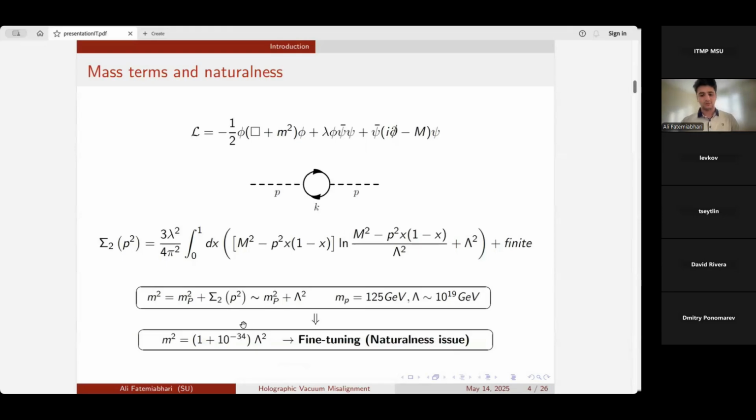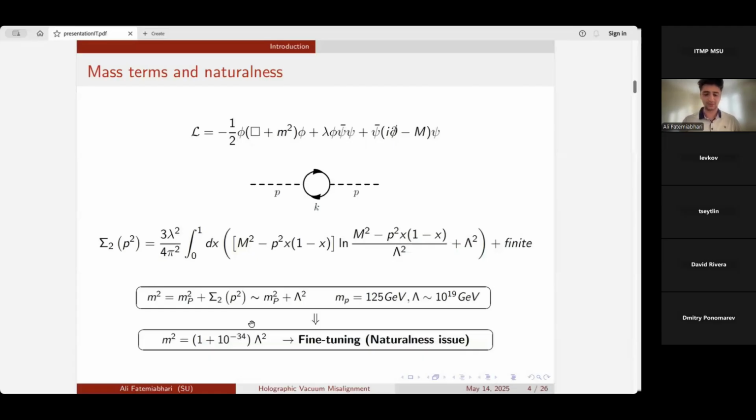So this result is only dangerous if the cutoff of the standard model is very high, meaning that the standard model holds up to near the Planck scale. But there are good reasons that the standard model might hold up to high scales. It can predict well-observed proton decay if the cutoff is very high.